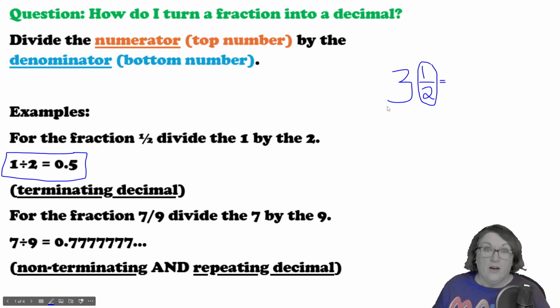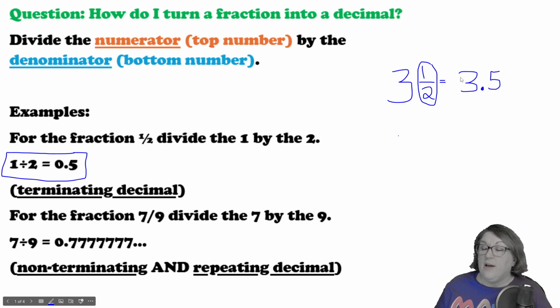So if this part is 0.5, where does the 3 go? Well, the whole number always goes in the ones position. So when you're turning this into a decimal, the 3 is going to go to the left of the decimal in the ones place, because what you really have there is 3 ones, right? And then the 0.5 is going to be to the right of the decimal.